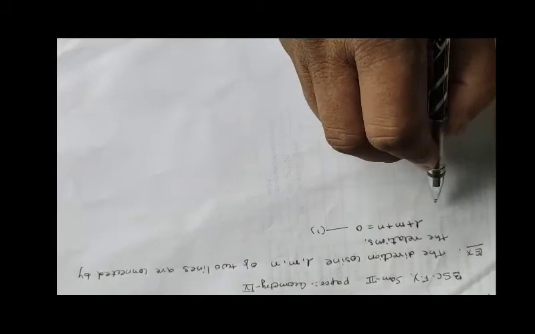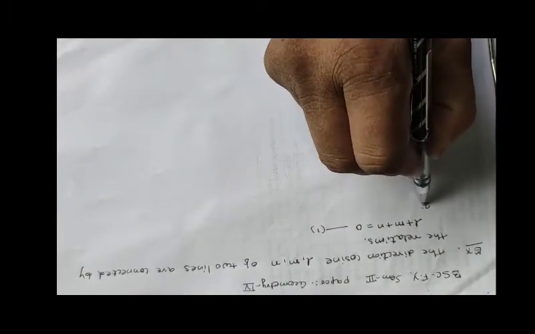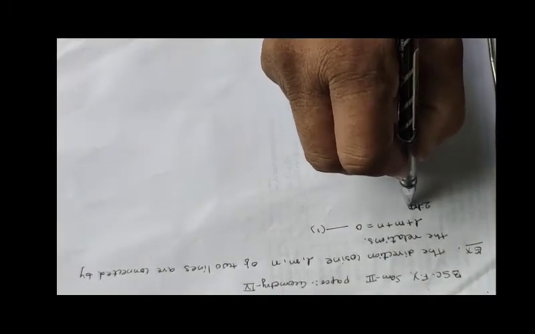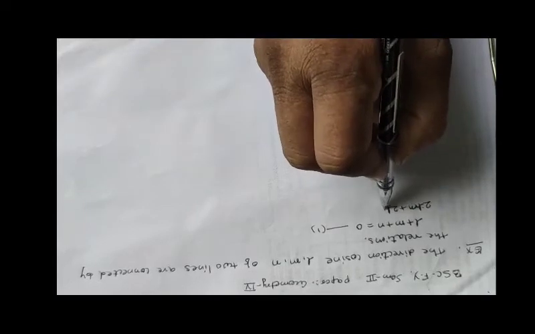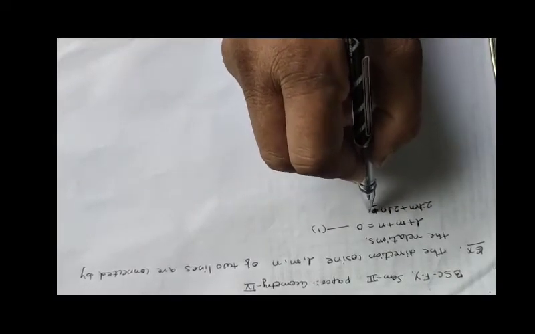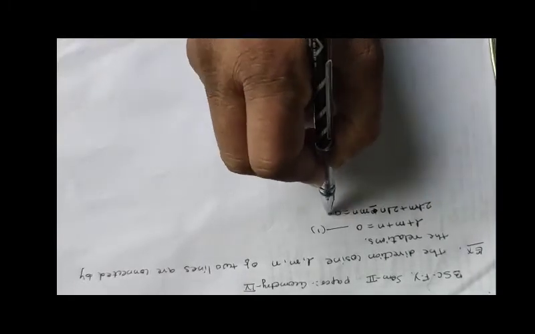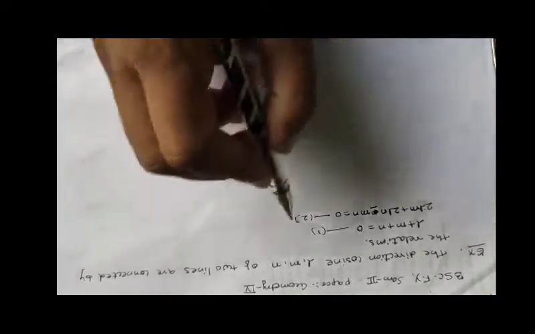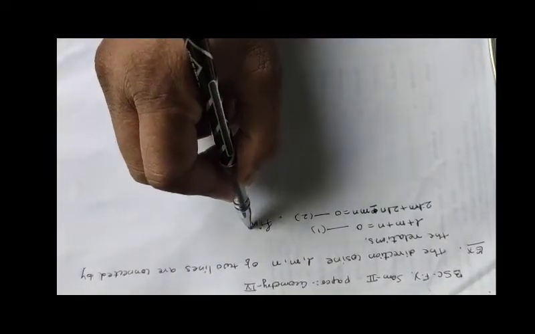We call it equation number 1. And 2lm plus 2ln minus mn equal to 0. This is equation number 2. Then find them.